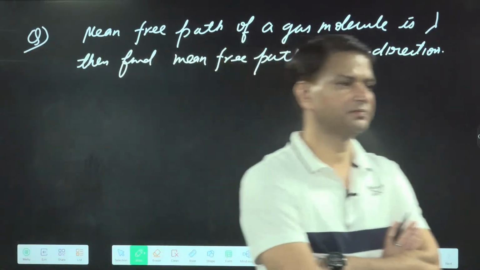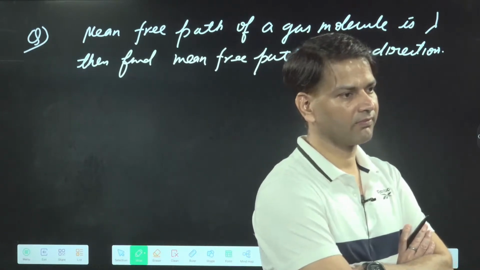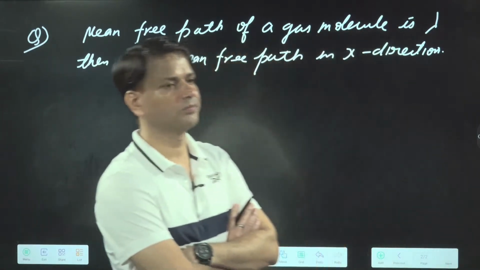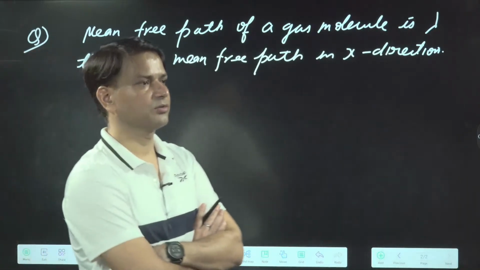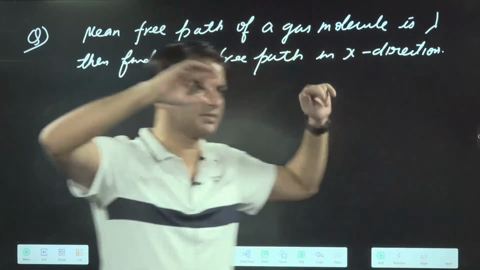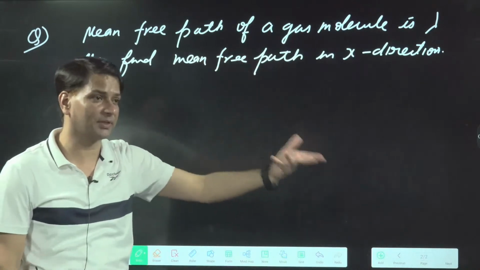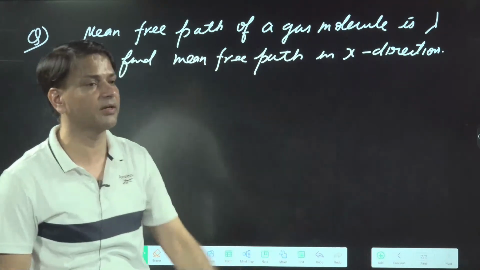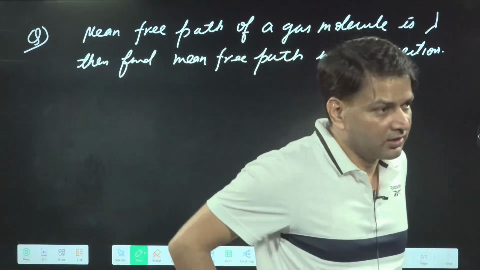Any other answer? The mean free path I have given means it is traveling in a 3-dimensional space. So the mean free path I have given is lambda. If they are asking particularly this type of problem, what is the mean free path in the x direction, then what will you say?